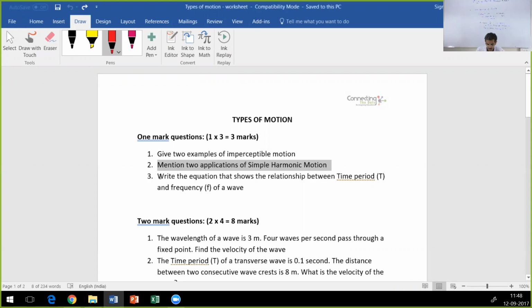So please copy the third question, which is write the equation that shows the relationship between time period and frequency of a wave. So write down the question and we will discuss the answer after that.